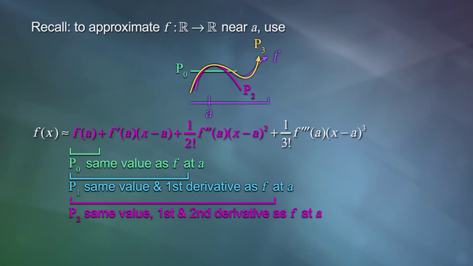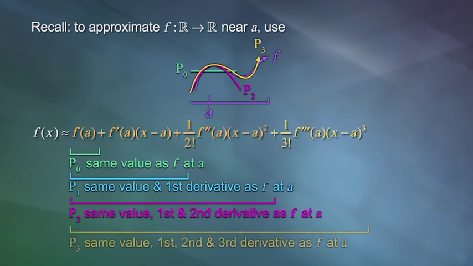And if you take 3 terms, you get p2, which is the best fitting quadratic that shares the same value, first and second derivatives, with the function f at a. Similarly, taking the first 4 terms gives you p3, a cubic polynomial that shares up through the third derivatives with the function f at the point a.